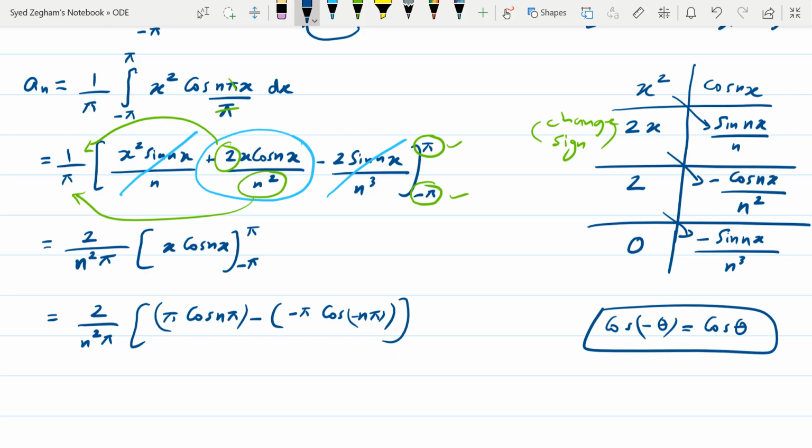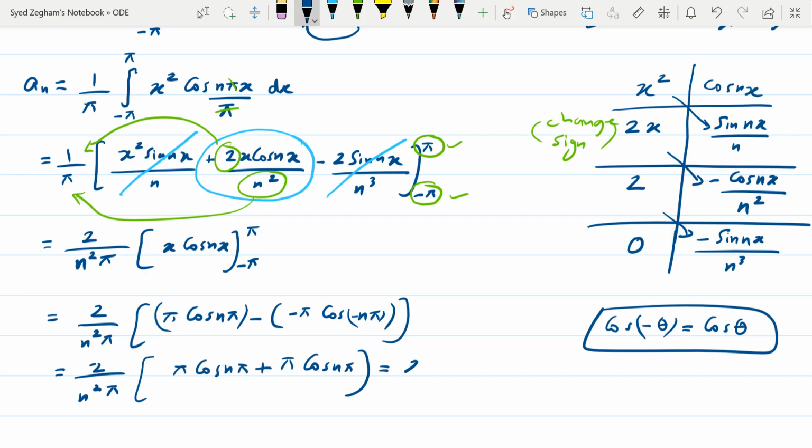Okay. So finally we are getting 2 over n square pi cosine n pi, and here minus will become plus pi, and cosine minus n pi is same as cosine n pi.